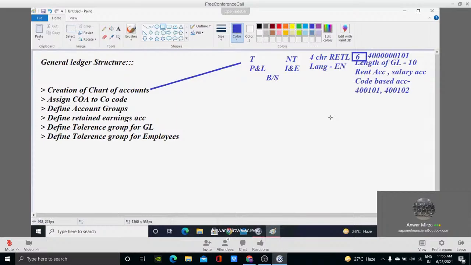And if you are not able to make a uniform selection, at the time of reporting the view of the report may look zigzag. I will tell you about that when it comes to reporting. I hope this explanation of the chart of accounts is quite clear.